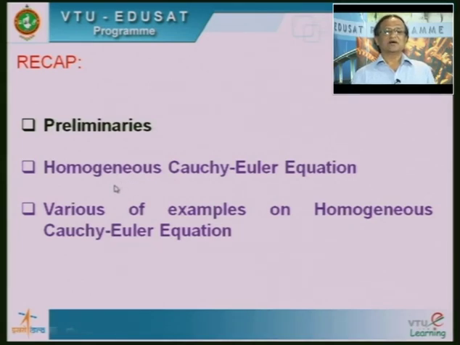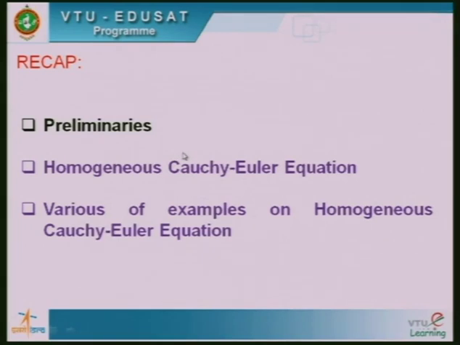It means one term may be like this: x into dy by dx, x square into d square y upon dx square, or plus some constant into x cube into d cube y upon dx cube, or plus some constant into x raised to 4 into d raised to 4 y upon dx raised to 4, or in general some constant into x to the power n into d to the power n y upon dx raised to n is equal to 0.